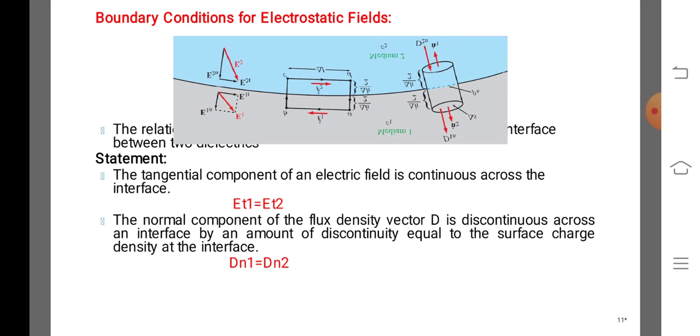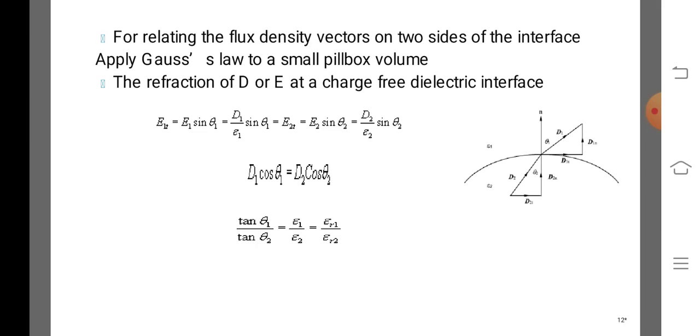The following two equations of the electrostatic field are used. The equation relating the flux density vectors on two sides of the interface: apply Gauss law to a small pillbox volume. The reflection and refraction of D and E at a charge free dielectric interface. So the conservative property and Gauss law: the electric field E and the flux density D are decomposed into two orthogonal components.